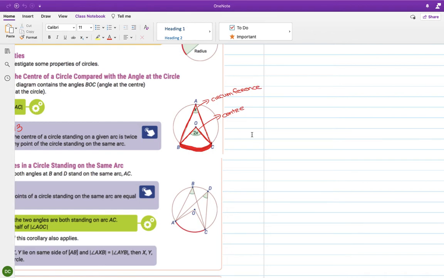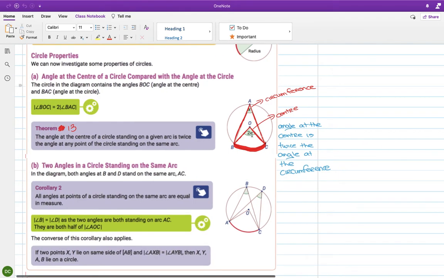Essentially what the theorem says is that the angle at the center is twice the angle at the circumference. The angle at the center is twice the angle at the circumference, provided they're standing on the same arc.